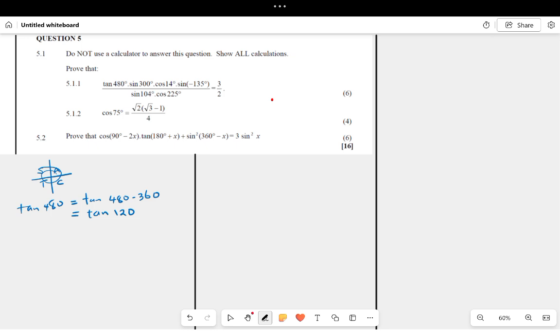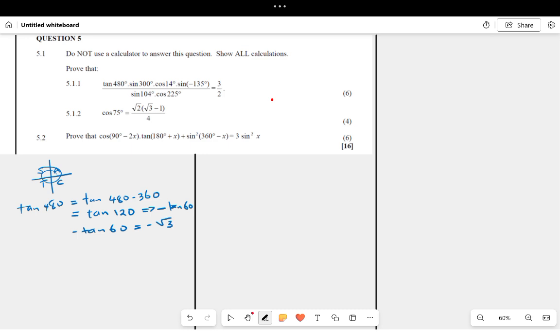Compared with angles less than 90 degrees, tan 120 is equal to negative tan 60, which is simply equal to negative the square root of 3.